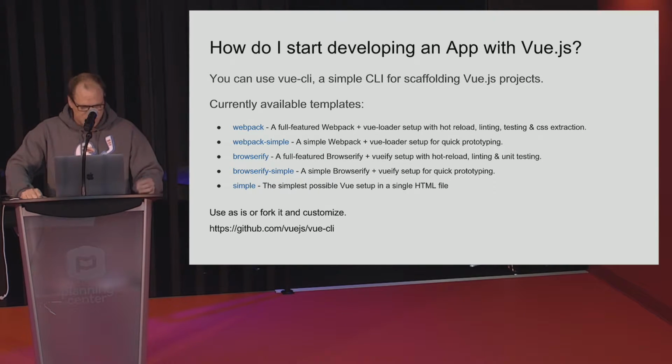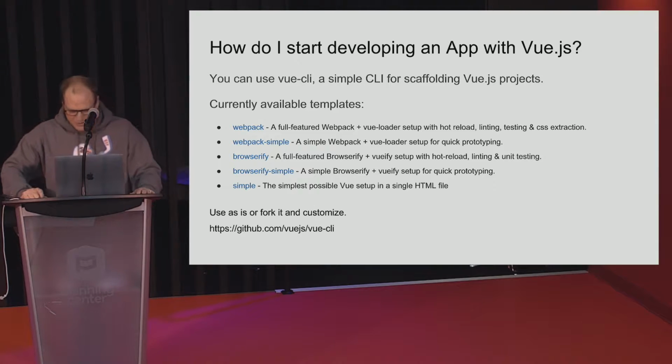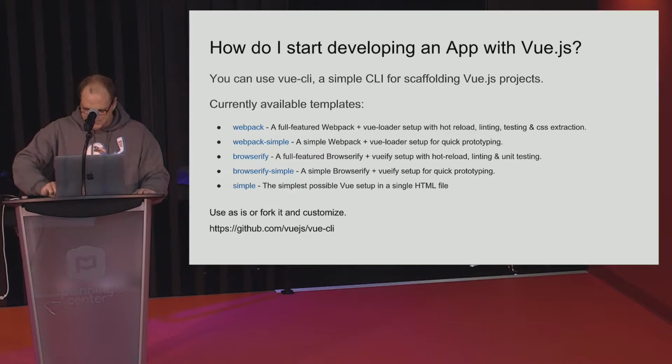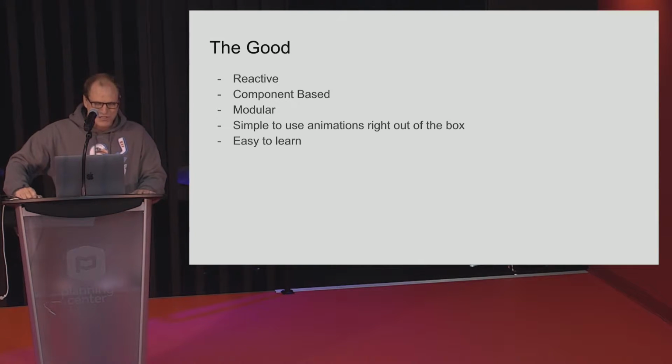So if you want to get started developing an app with Vue, I would recommend, rather than building your own boilerplate, there's quite a few that are available on GitHub. GitHub.com, Vue.js, Vue.cli is where you'll find them. And just download one of those and fork it or customize it, and you're off and running.